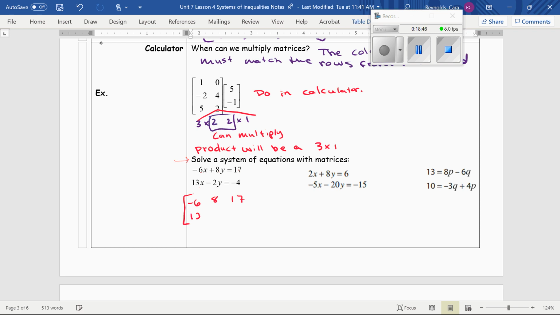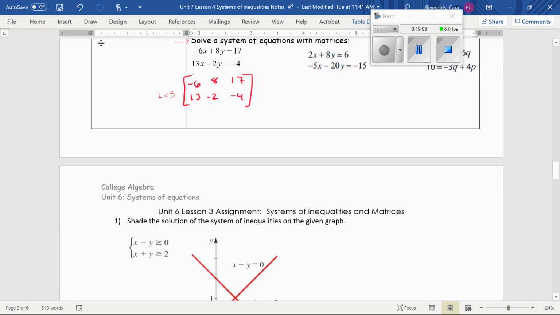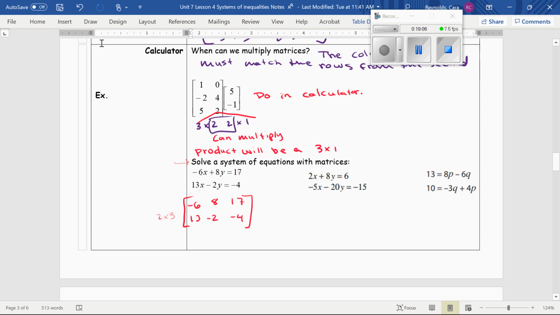And then we take our coefficients and our answers and write them into a matrix. So if you have a system of 2 equations, then you should always have a 2 by 3 matrix. If you have a system of 3 equations, then you will have a 3 by 4 matrix.